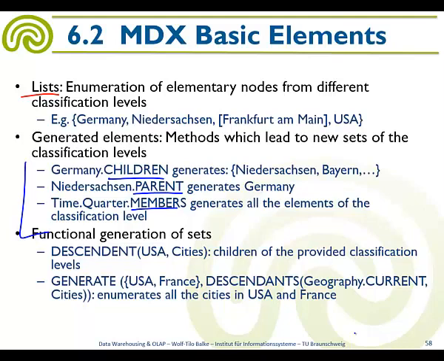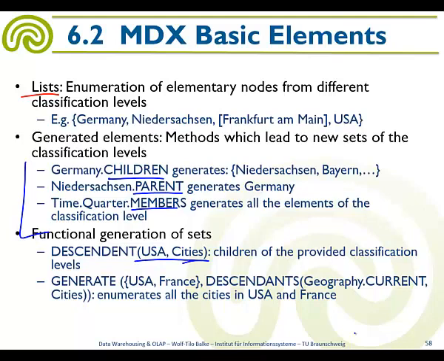You can also have a functional generation of sets, so not only traversing the node tree, but also functional. So you can say I want all the descendants of the USA on the level of cities, right? And then you get all the cities that are located in the USA without looking at the states.